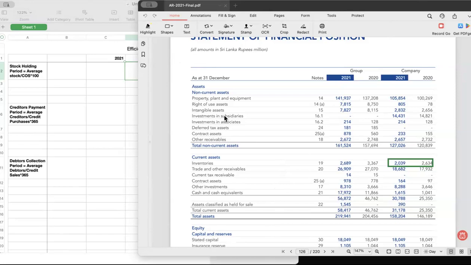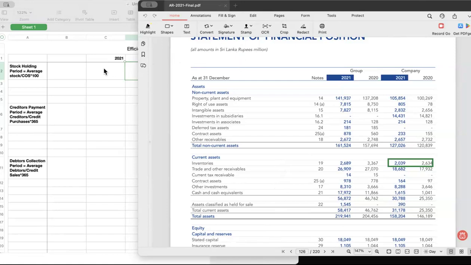Yep, Kaushi, that is correct. So you can round it off. Waiting for the others. Kaushi's answer is correct. We can't calculate 2020's average stock because we don't have the information for 2019.